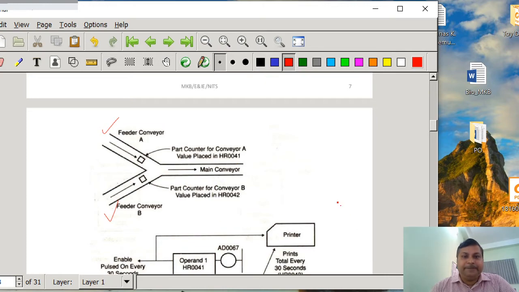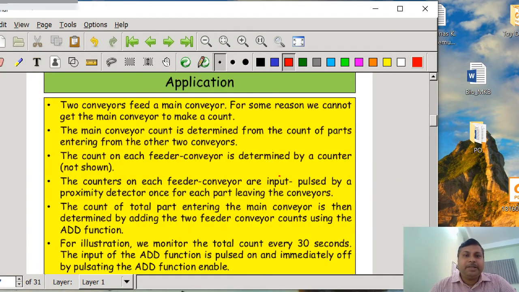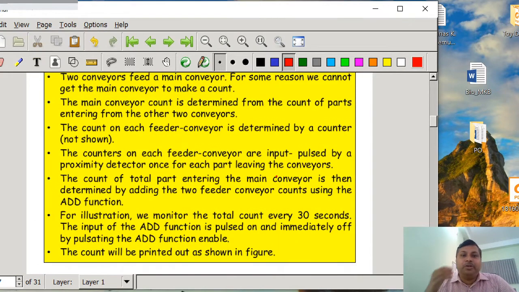The main conveyor count is determined from the count of parts entering from the other two conveyors. So we want to know how many parts are going through the main conveyor, which is coming from the two conveyors, A and B respectively.